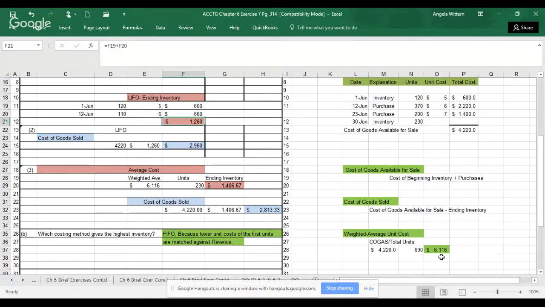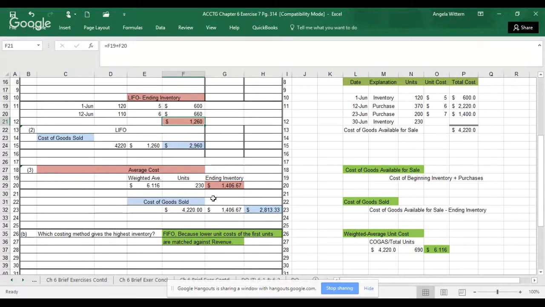Excel likes to round it to 2, so we'll see how this works. So with our total amount of ending inventory, 230, with now our average weight, $6.116, the ending inventory under average cost is $1,406.67.